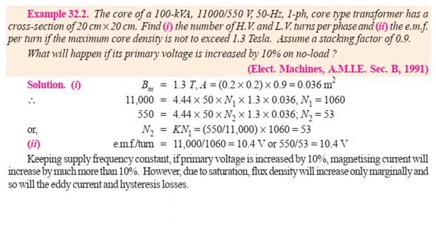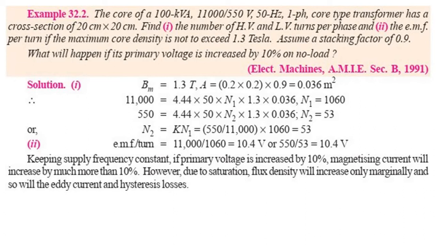At no load, maximum flux density Bm is equal to 1.3 Tesla. A is equal to 0.2 into 0.2 into 0.9, which is equal to 0.036 meter squared. 11,000 is equal to 4.44 into 50 into N1 into 1.3 into 0.036. N1 is equal to 1060.